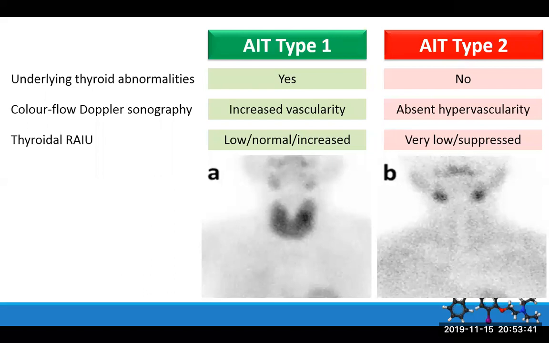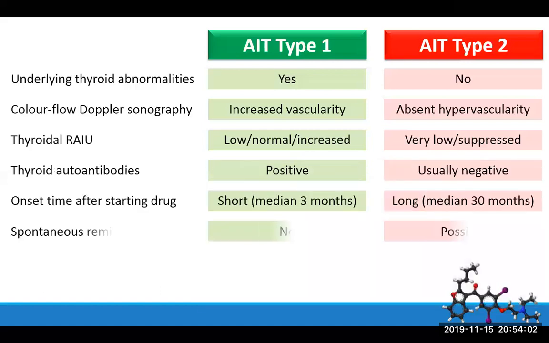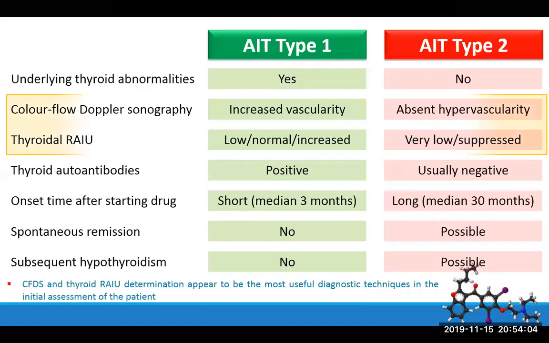In most scenarios, we must do autoantibodies, color flow Doppler, and thyroid radioactive iodine uptake. After that, in most cases, if we cannot differentiate between type 1 and type 2, we deal with a mixed form of amiodarone-induced thyrotoxicosis and give a treatment of type 1 and type 2. According to the next slides, I will discuss it in more detail.